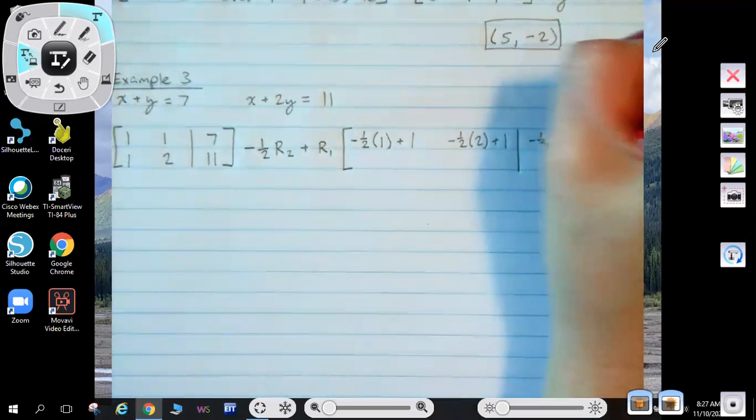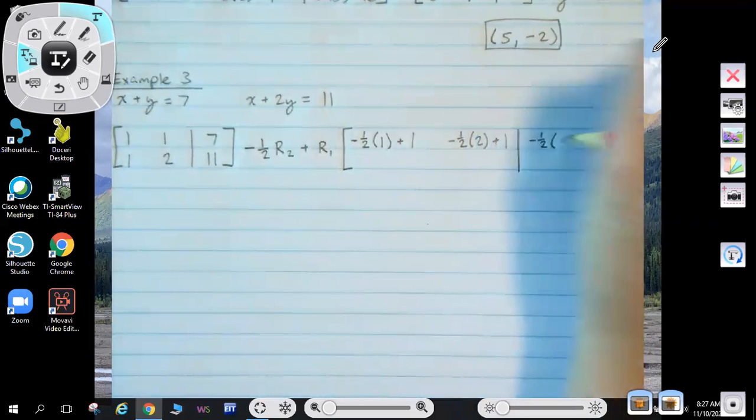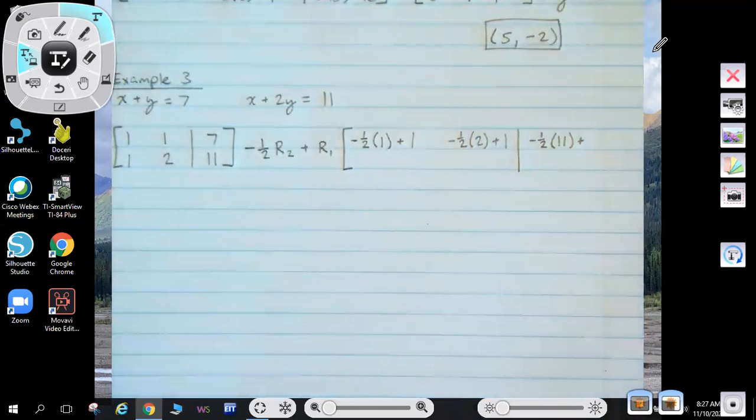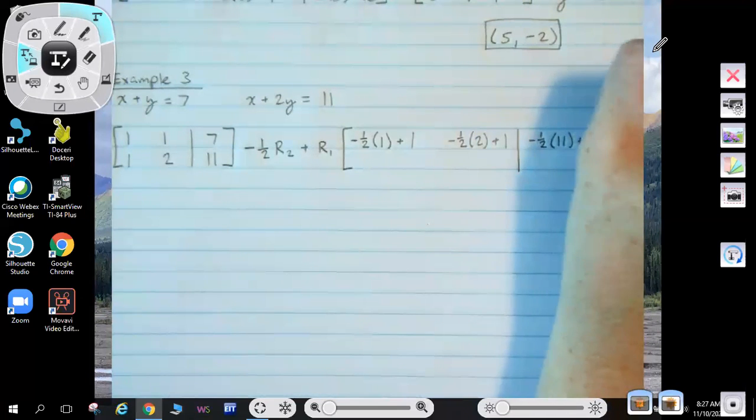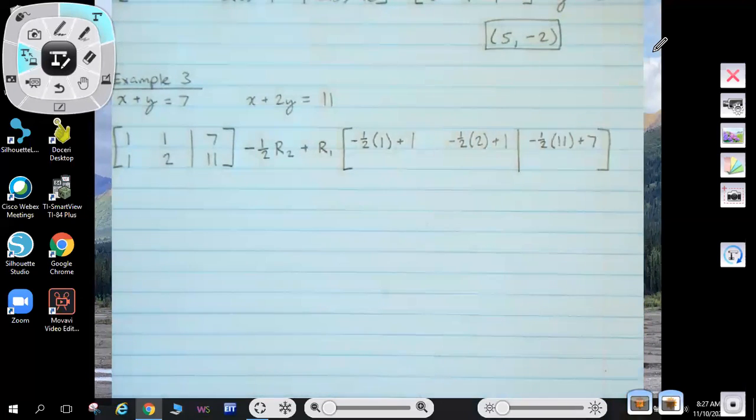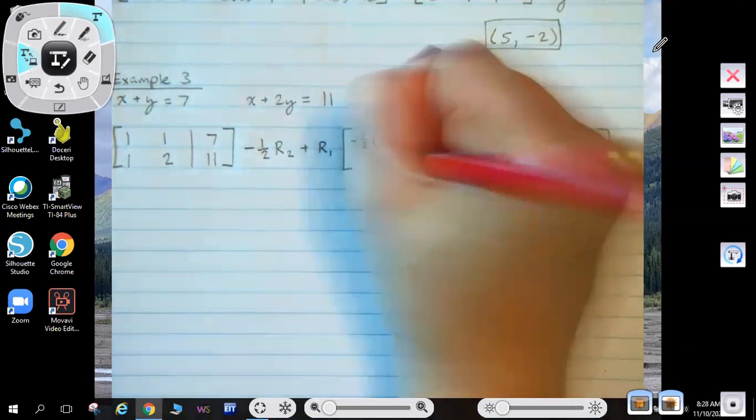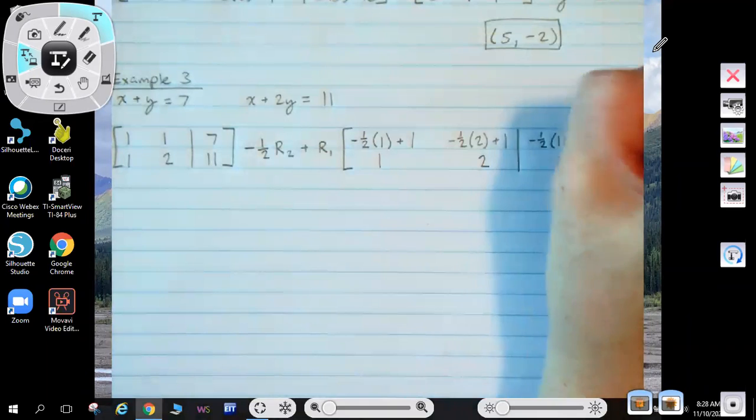Last number, -1/2 times row 2, which is 11, plus row 1, which was 7. And for now, the second row is not changing. 1, 2, 11.